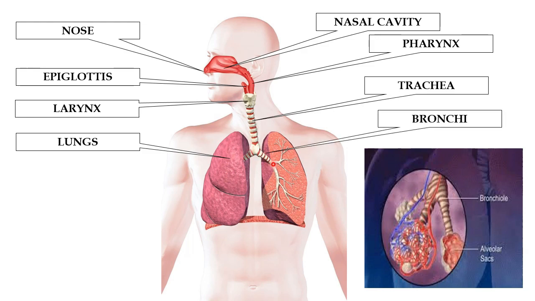Next is our bronchi. This is the main tube connected from our trachea. The bronchi, or what we call bronchus, carry air into each lung.